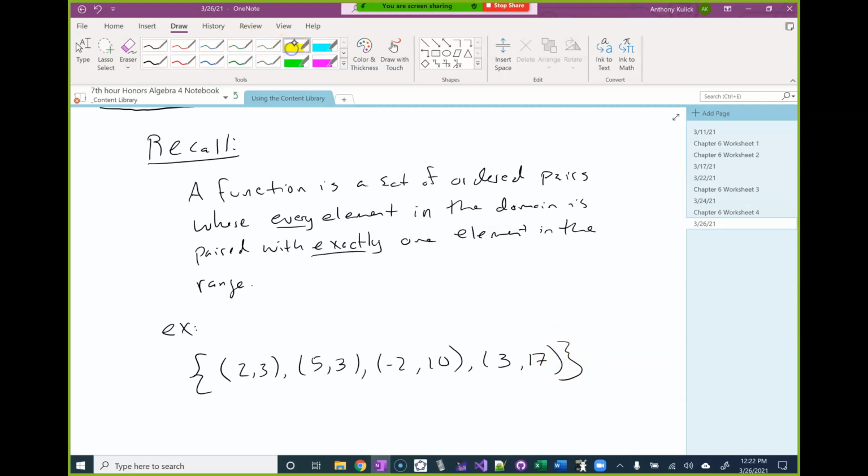So we know that this set of ordered pairs represents a function because if I look at the domain, the values for x, those are all unique. That's all we need, right? Cool with that? Okay.